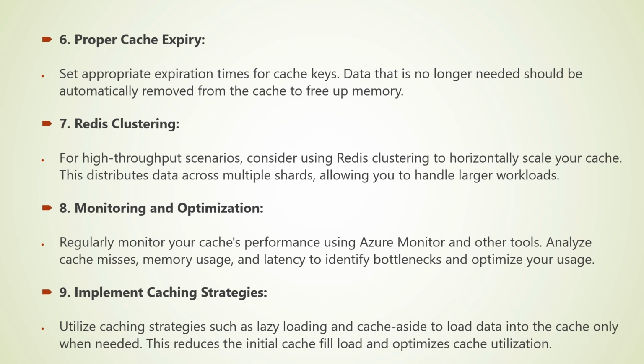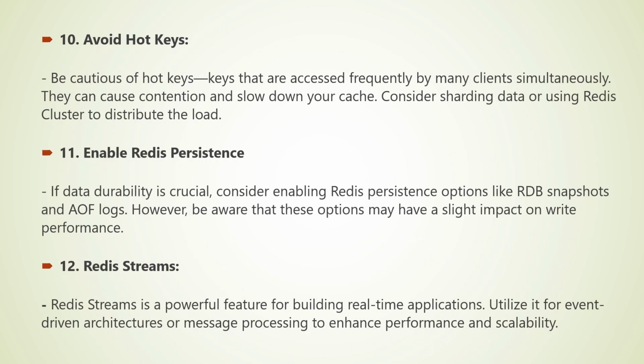This reduces the initial cache fill load and optimizes cache utilization. Avoid hotkeys. Be cautious of hotkeys, keys that are accessed frequently by many clients simultaneously. They can cause contention and slow down your cache. Consider sharding data or using Redis cluster to distribute the load.